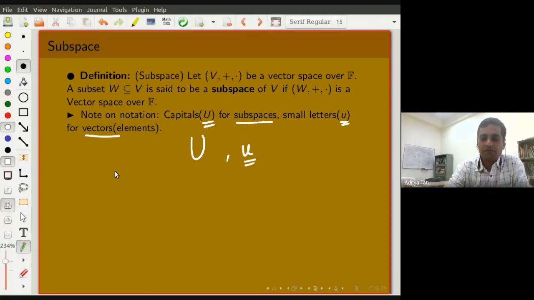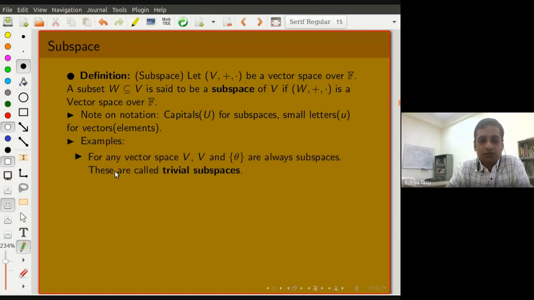Let's look at examples of subspaces. Remember, the definition says W has to be a subset of V. It doesn't say that W has to be a proper subset of V. A set is a subset of itself, and that is why the set V itself will also be a subspace.